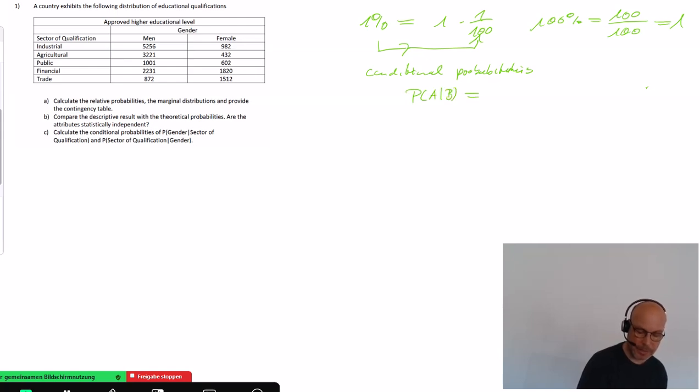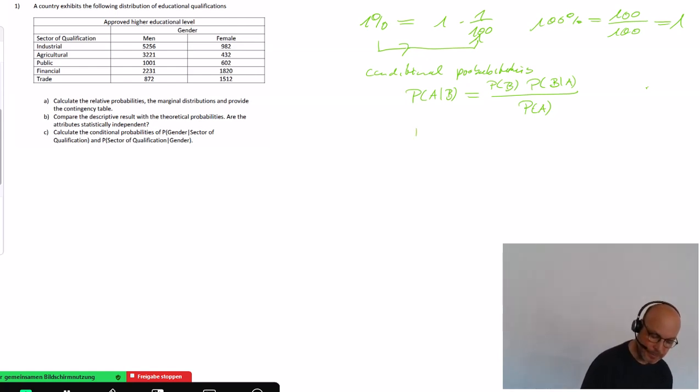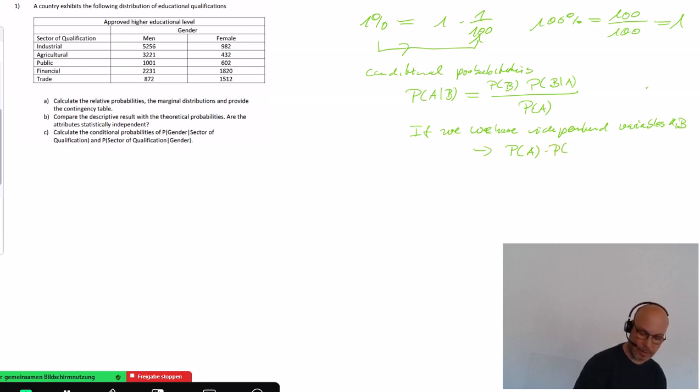A conditional on B is P of B times P of B conditional on A over P of A. And if we have independent variables A and B, then the overall probability by independence would be just the multiplication of probability A and probability B.